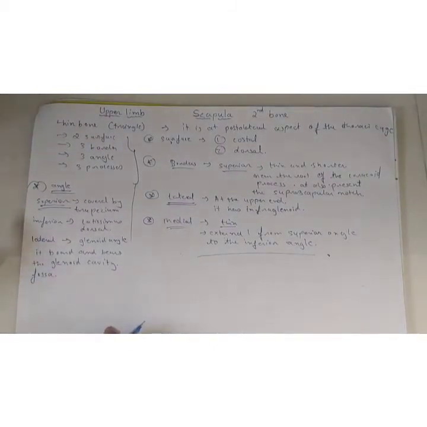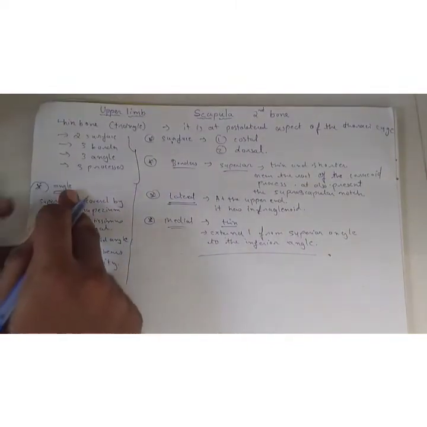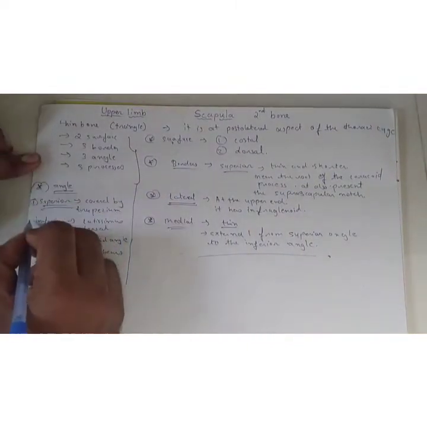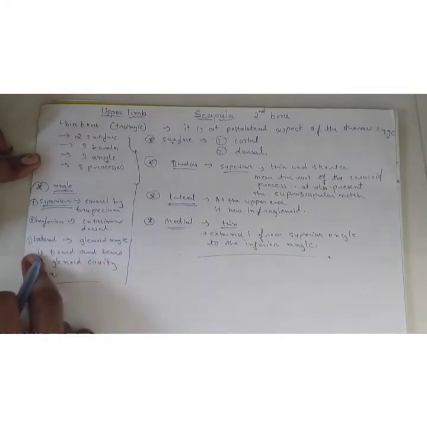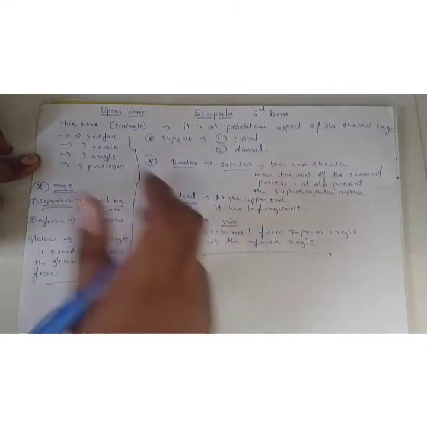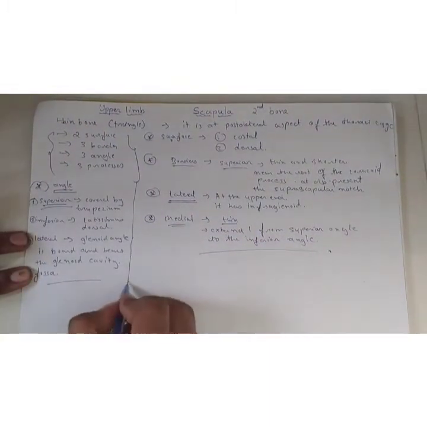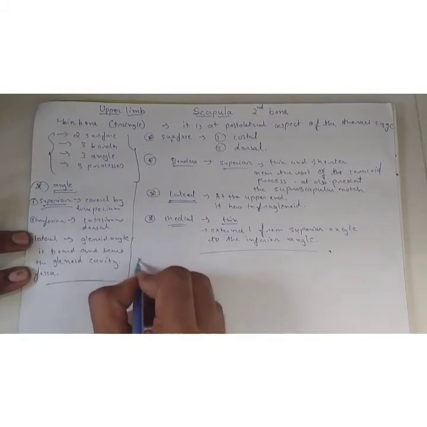It is directed forward, laterally, and slightly upward. Okay, so this was about the three angles. Then two surfaces, three borders. This was the starting. Now we come to the processes.